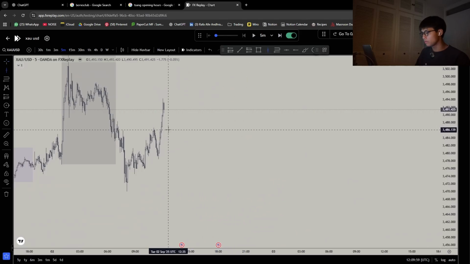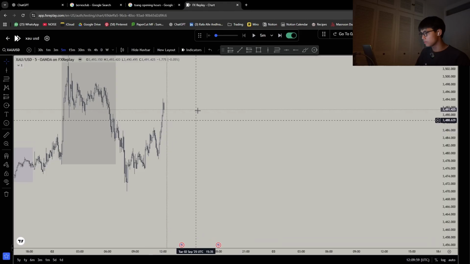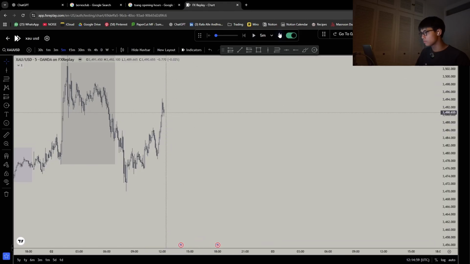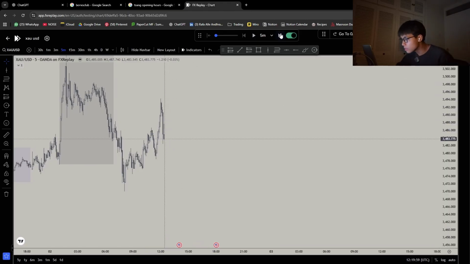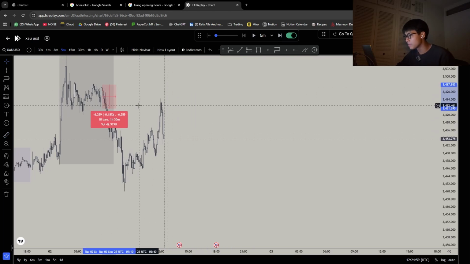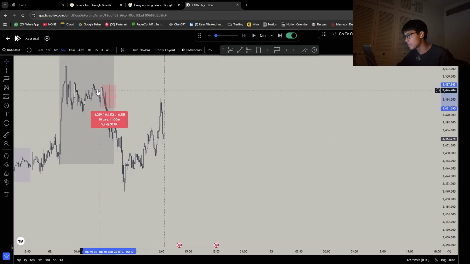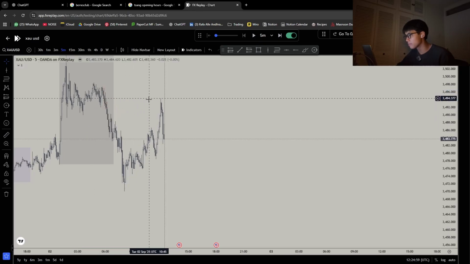Okay, 12:30, final session. Oh, almost here already. No particular reaction here. No obvious liquidity point that got taken in that area here.